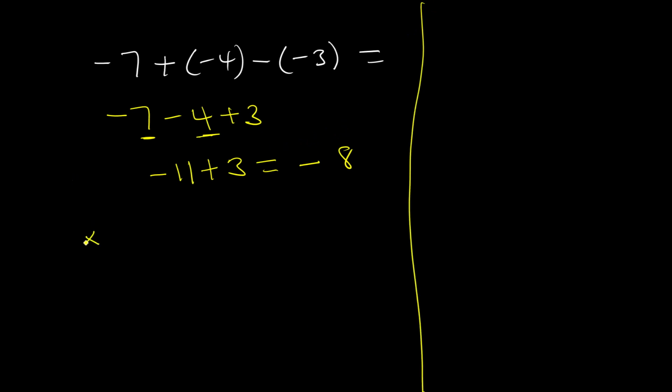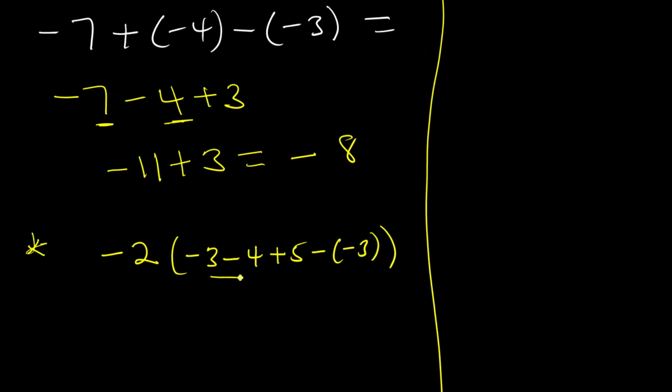Consider the next example: -2 times (-3 - 4 + 5) minus 3. This one is very simple. Let's look at the bracket.